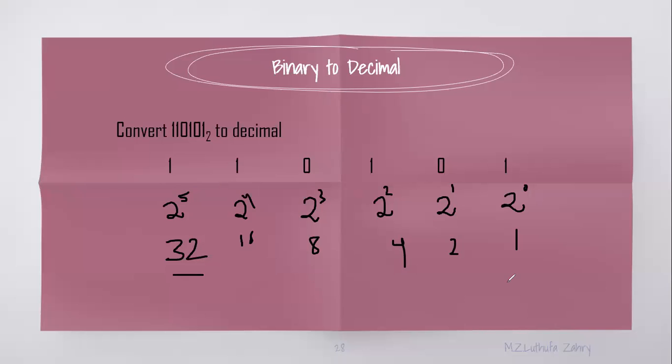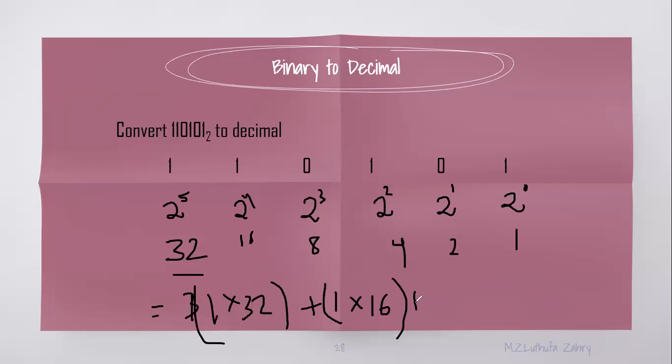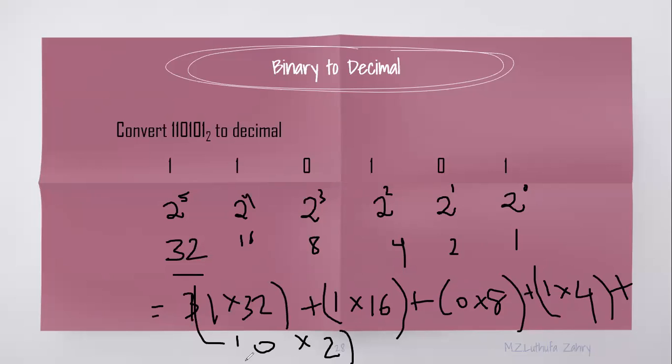Okay, so now what you have to do is just repeat the same thing. 1 into 32, plus, once again, 1 into 16, plus 0 into 8, because there are no 8s, plus 1 into 4, plus 0 into 2, plus 1 into 1.